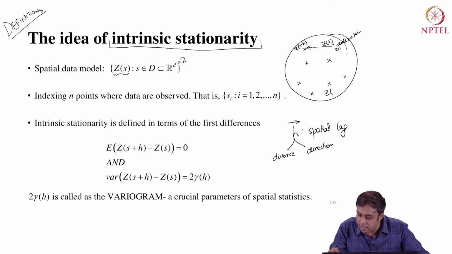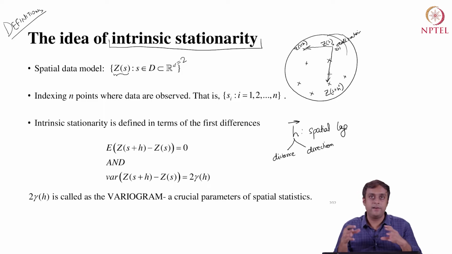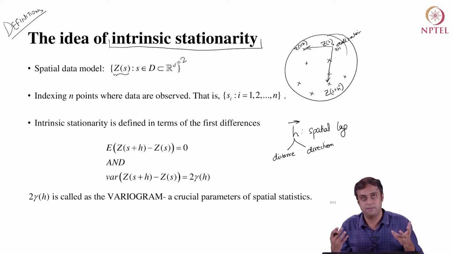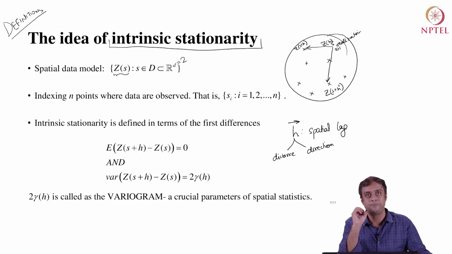I can have a value of Z(s plus h prime) where the distance as well as the direction will be different. The property on which intrinsic stationarity is based is the first difference. First difference meaning Z(s) minus Z(s plus h prime), Z(s) minus Z(s plus h).